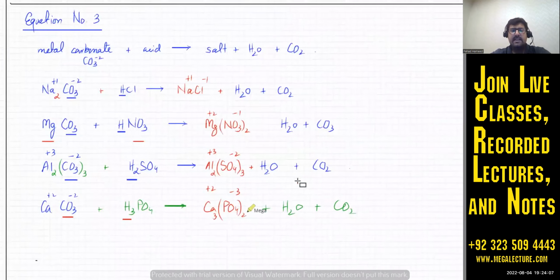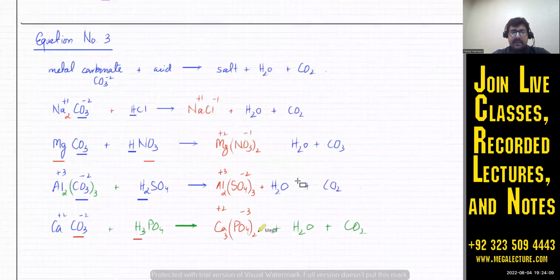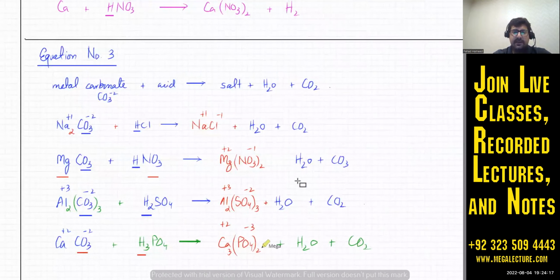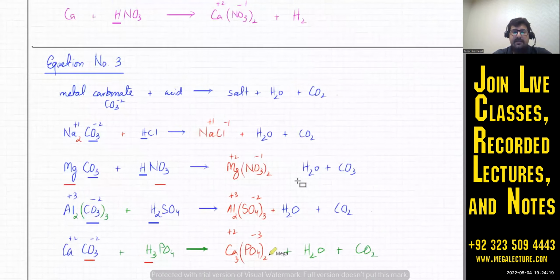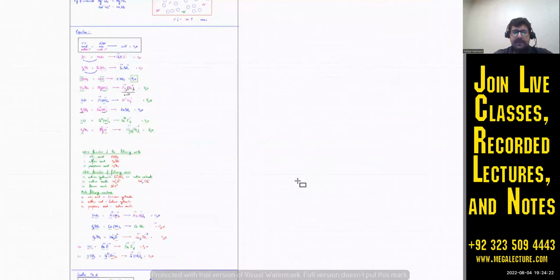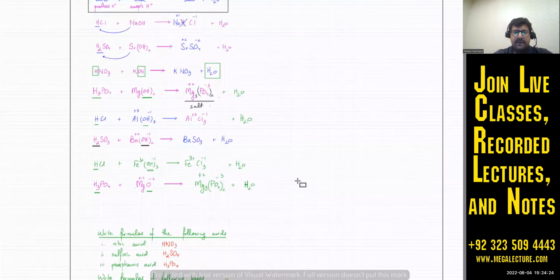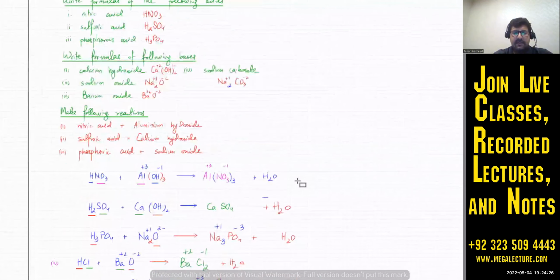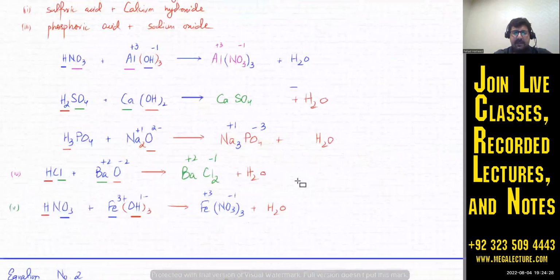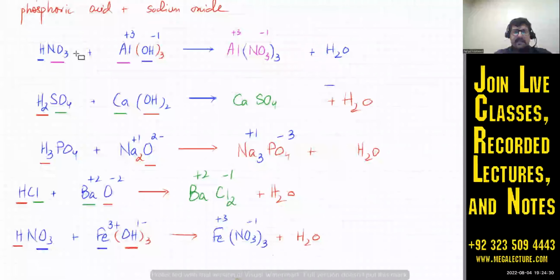So you have a reaction clear. They're all very similar. We've done 3 reactions. All you have to do is just crisscross. That's pretty much it. So I'm just going to repeat everything. The first reaction that we did was an acid and a base reaction.